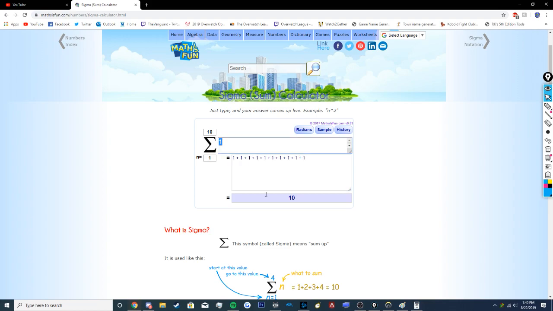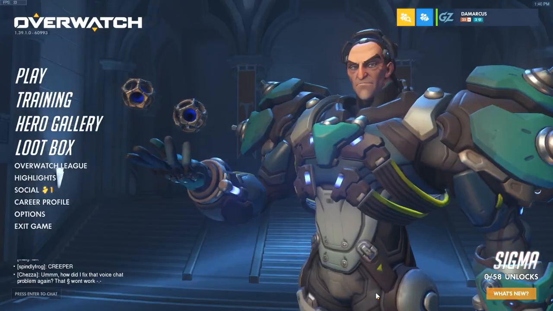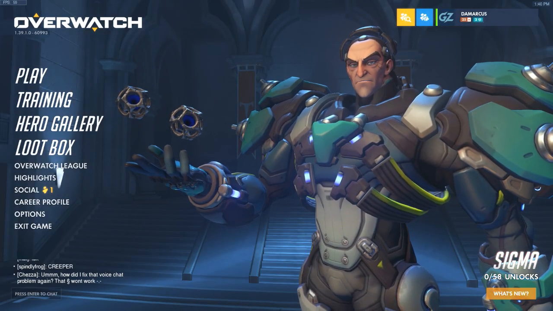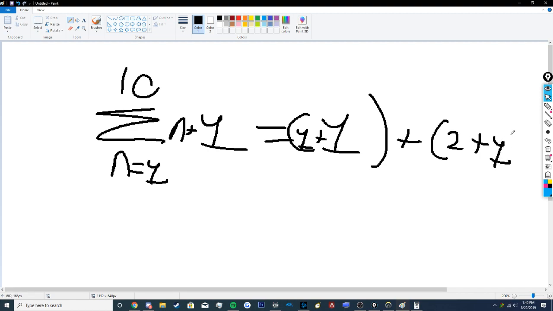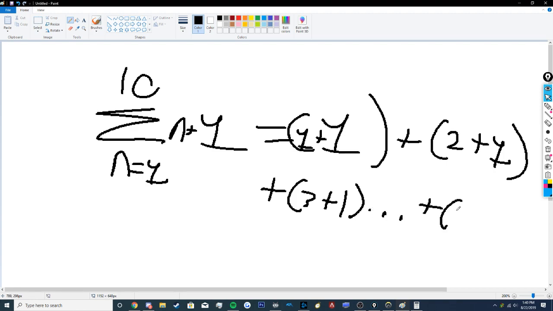You sum this, because the reason this works is because if you had n plus 1, what you would do is 1 plus 1, plus 2 plus 1, plus 3 plus 1, all the way down to 10 plus 1.